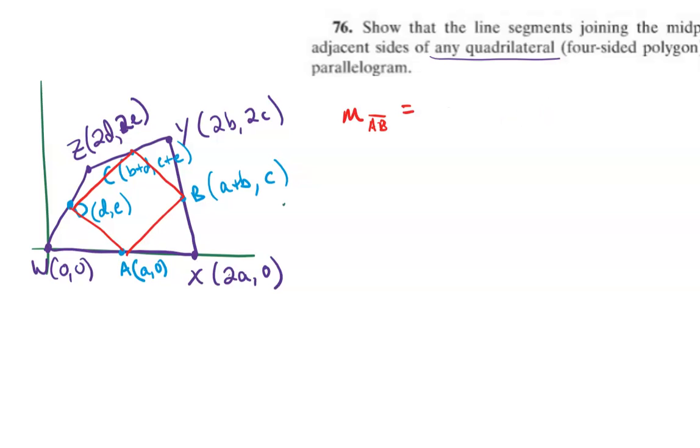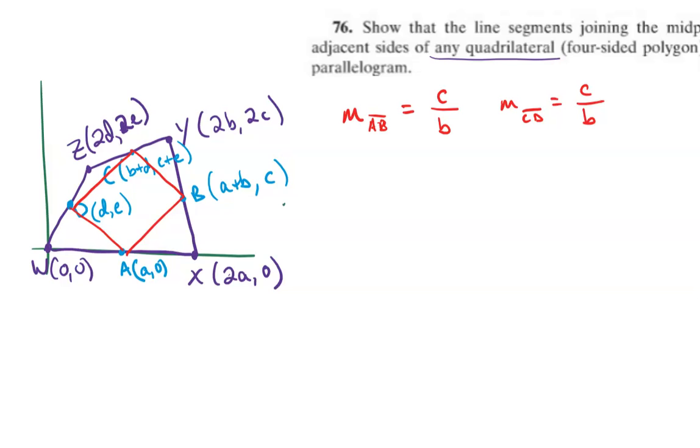Hold on, I wrote the slope wrong. Let me try that again. C minus 0 is C. A plus B minus A is B. And then the slope of CD: D plus E minus E, D minus E is B.